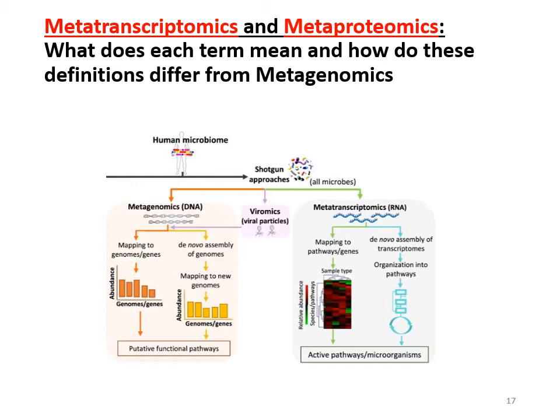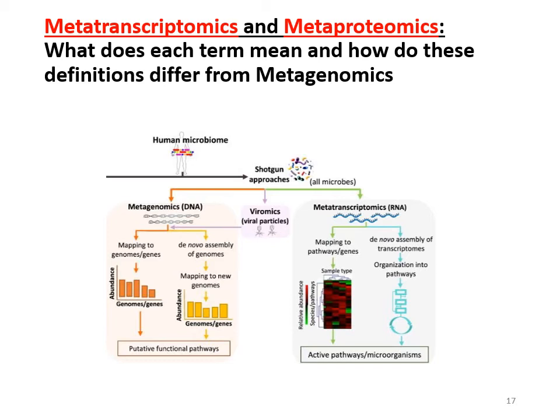So that could give you valuable information about that community. So this is kind of important because mRNA have different half-lives and efficiencies of translation. So metaproteomics gives you the ability to have a direct measurement of cell function, okay, of the cell function of the organisms in that microbial community.